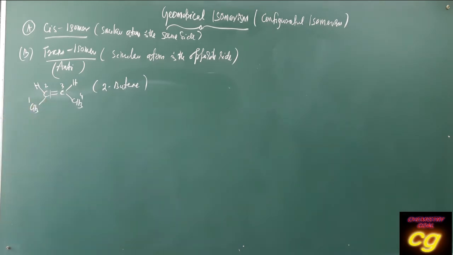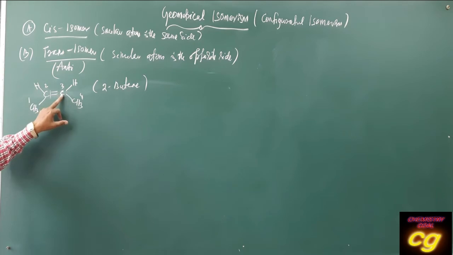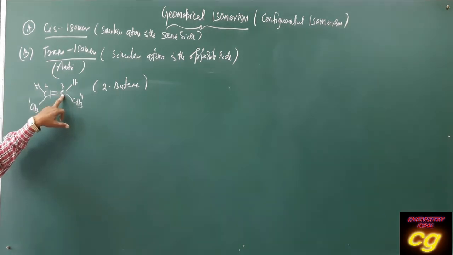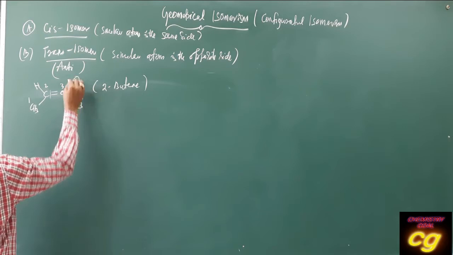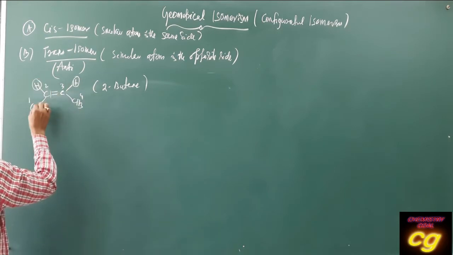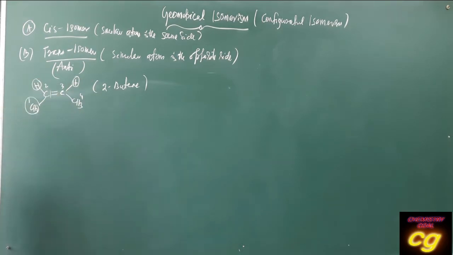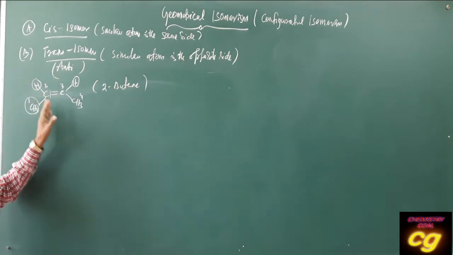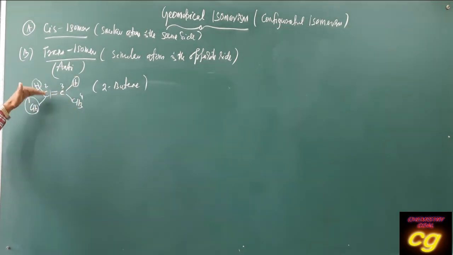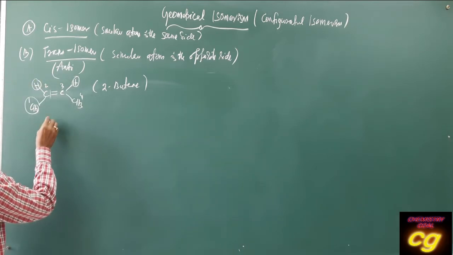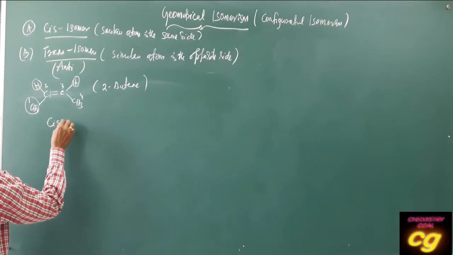If you look at the arrangement across the double bond, each carbon atom of the double bond must contain two different groups. Here hydrogen and methyl, both are different. If both hydrogens are on one side of the double bond, it is called the cis isomer.